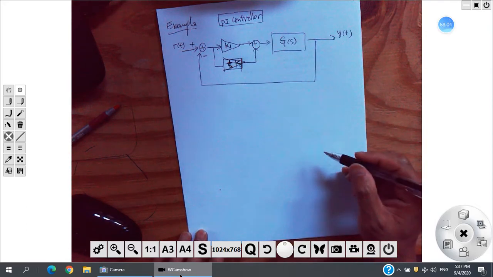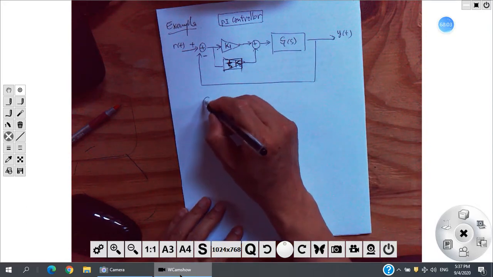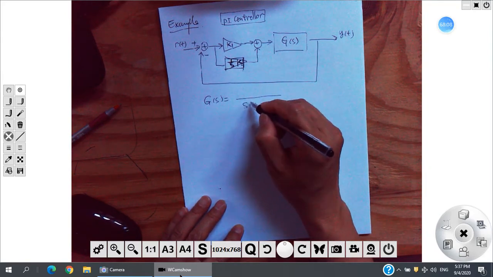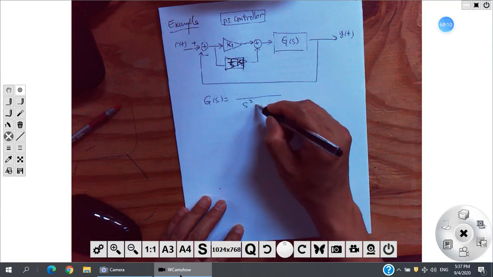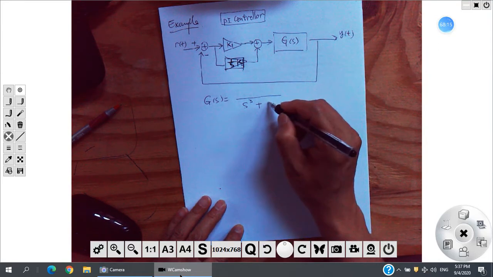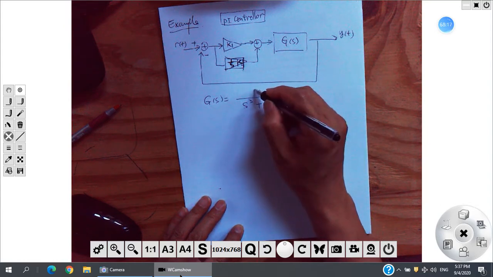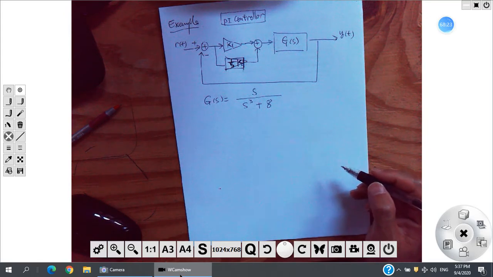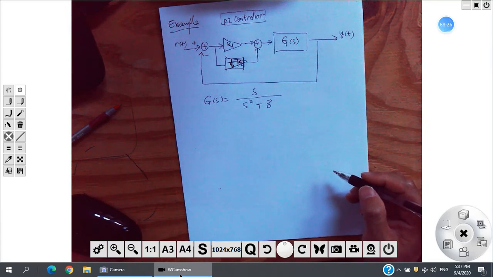Then here we suppose g of s equals something like s cubed plus a, here just s. I suppose this one, g of s is this one. Is it stable? I would say it is not stable, but if you just look at it, you do not know.